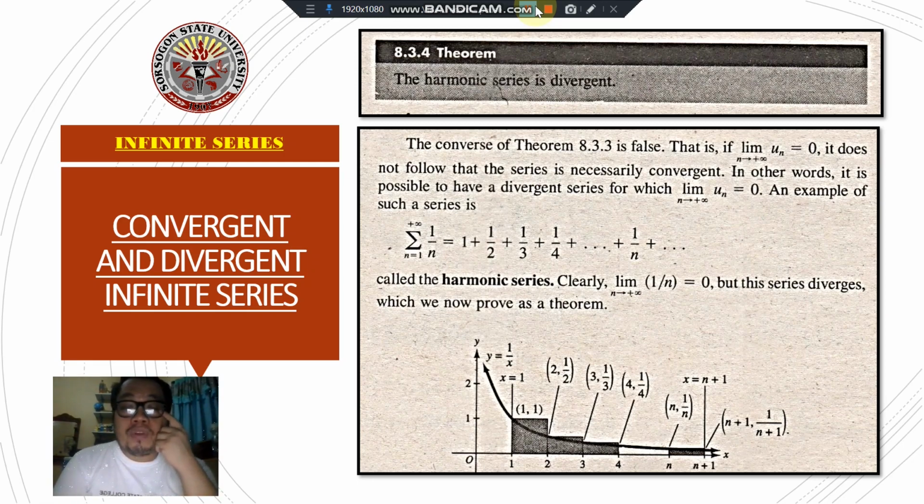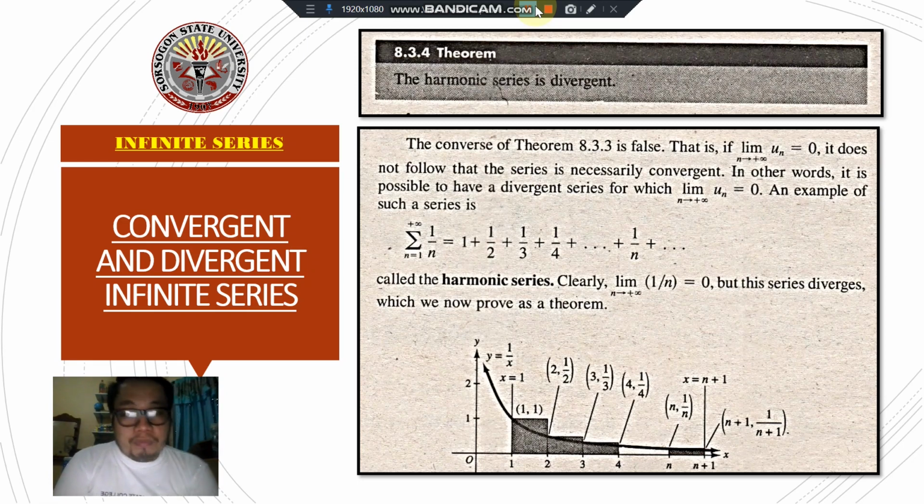That is what we call the harmonic series. So clearly, the limit of 1 over n as n approaches positive infinity is equal to 0. But this series diverges, which we now prove as a theorem.